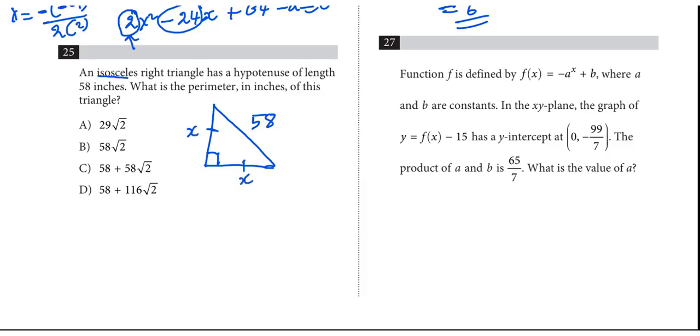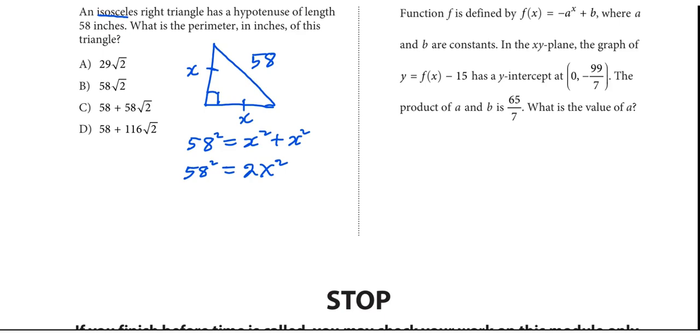So if we use Pythagoras theorem, then 58 squared will be equal to x squared plus x squared. So 58 squared will be equal to 2x squared. If we divide both sides by 2, then x squared will be equal to 58 squared over 2.